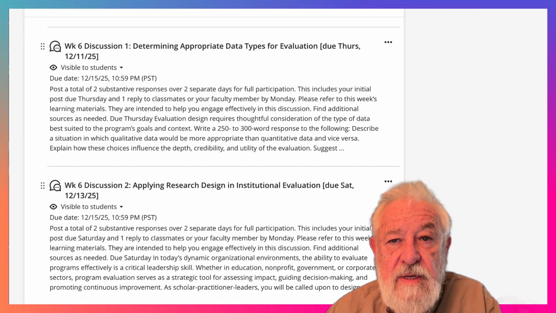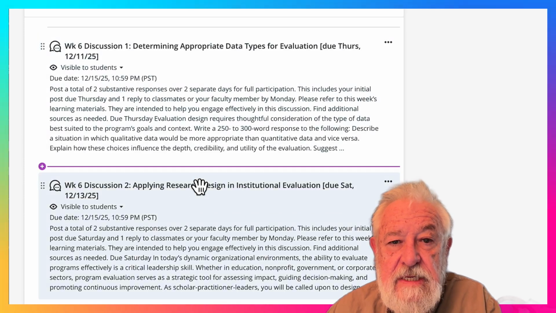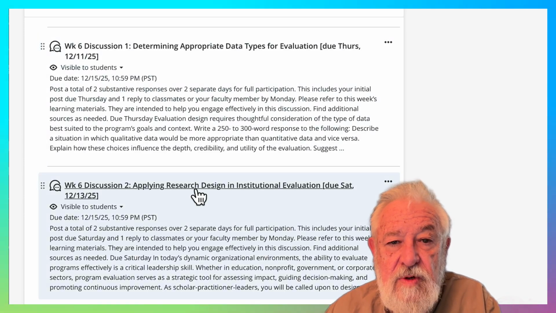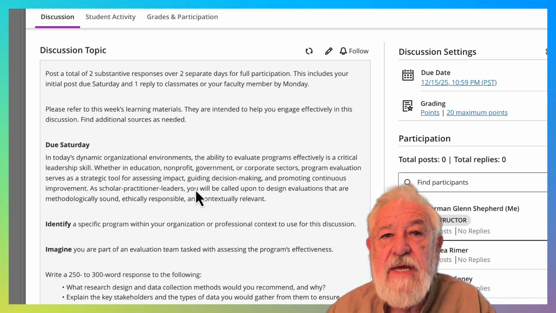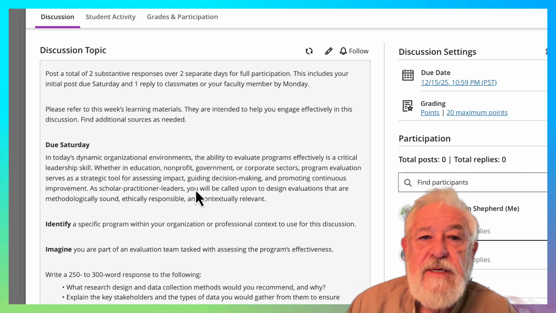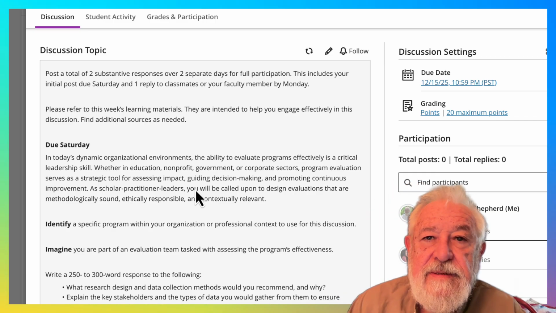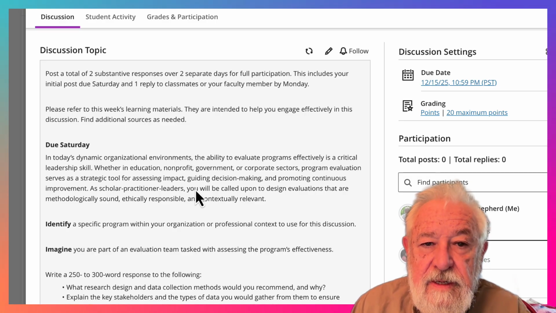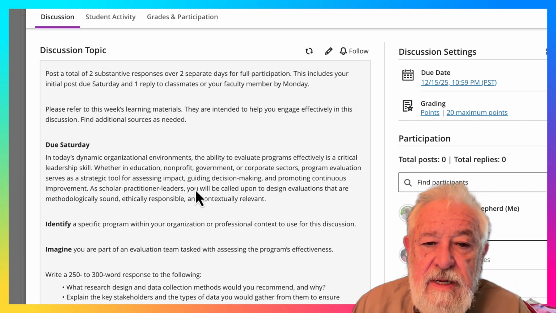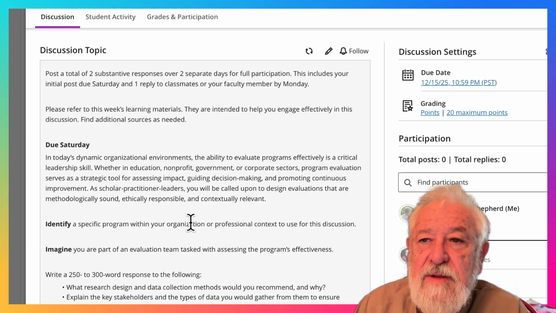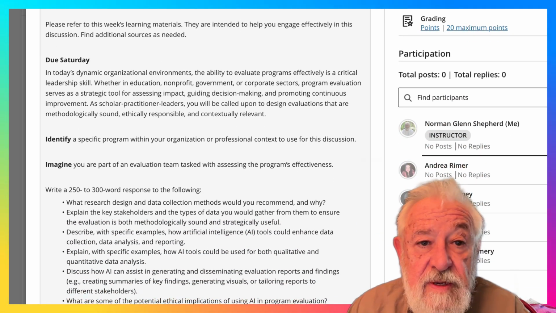Okay, so then we're looking at research design and applying it. And so this is a discussion on Saturday. If you look at the bulleted items down here, it's rather extensive.